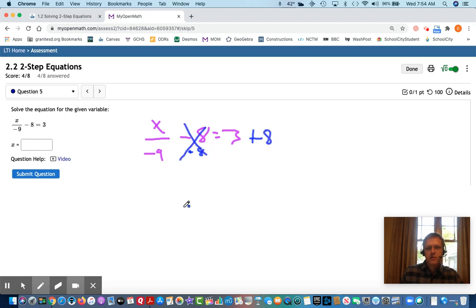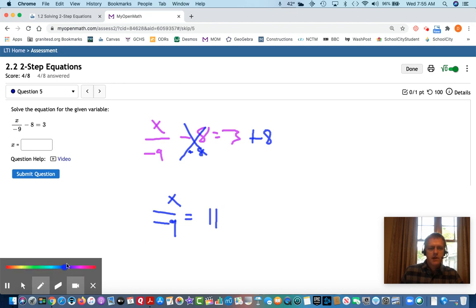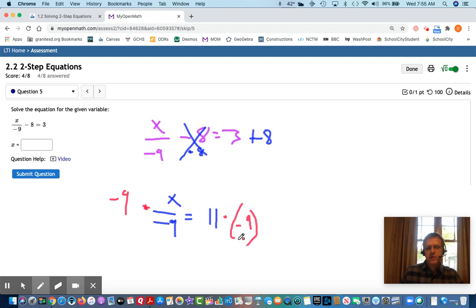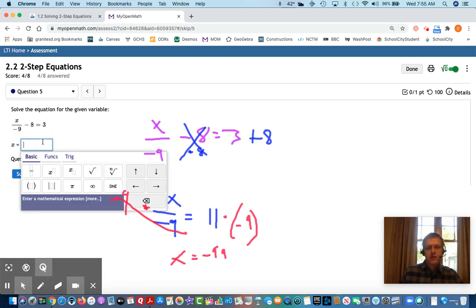So those go to 0, and that gives you x over negative 9 is equal to 11. And then you would multiply by negative 9 on both sides. It's hard to write with a mouse. Okay, and x is equal to negative 99 in this case.